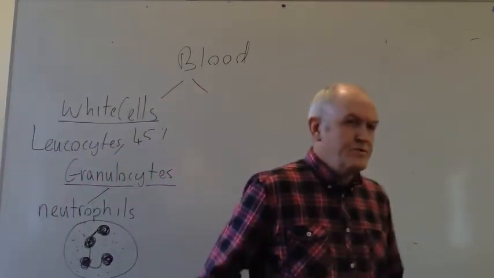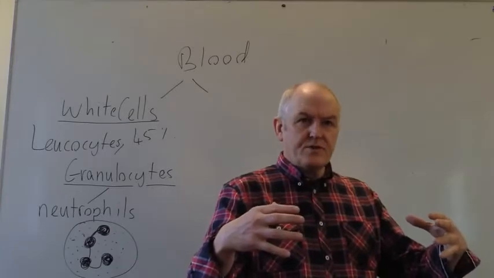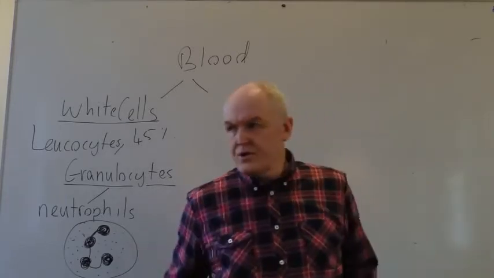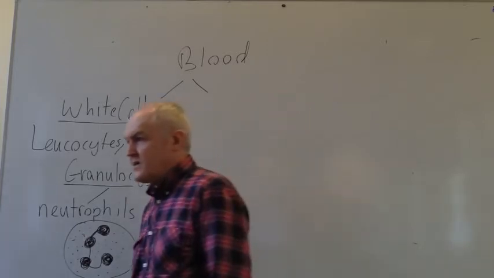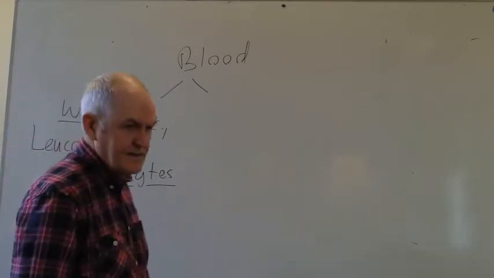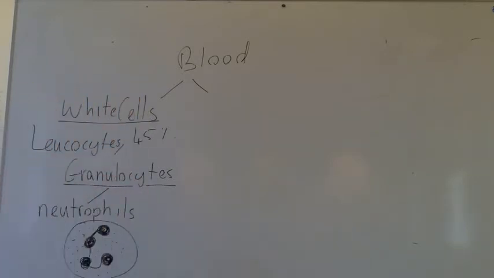Or if you have a wound, over the first 24 hours after that wound has formed, the number of neutrophils in the wound will greatly increase because they combat bacterial infection. And because there's a lot of them, they can spring into action quickly, combating bacterial infection.